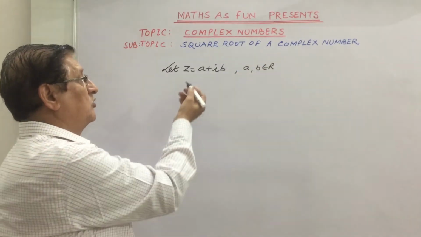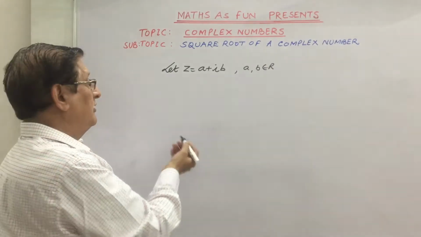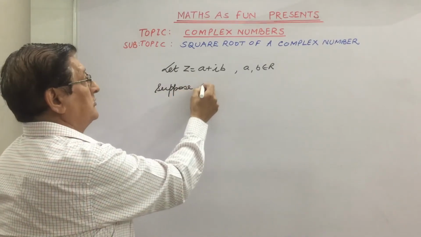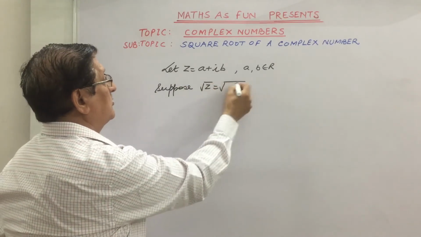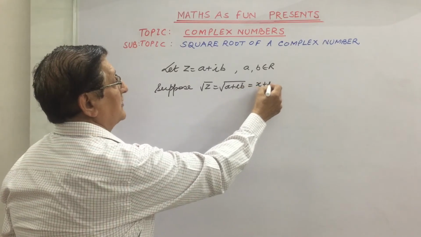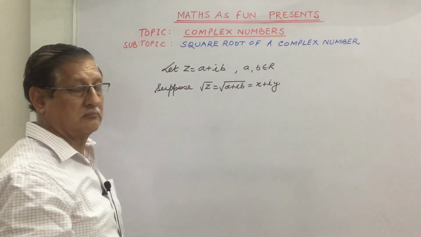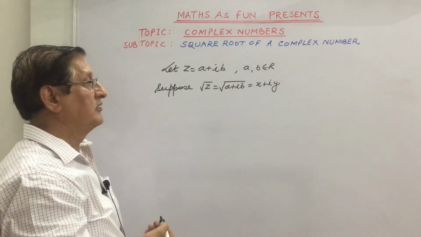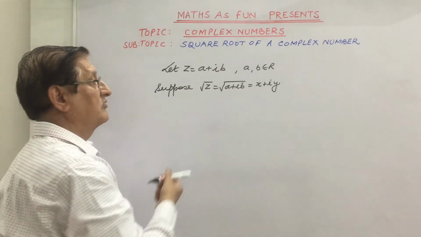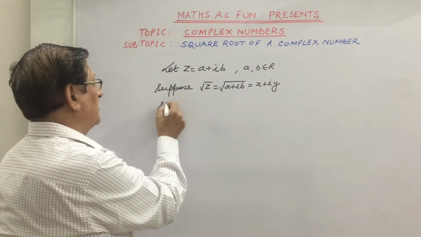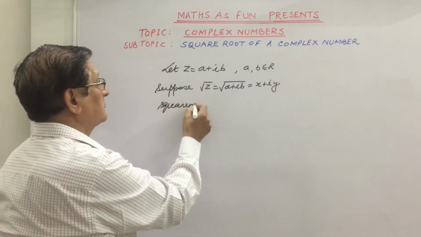To find the square root of it, suppose the square root of z, that is square root of a plus iota b, is equal to x plus iota y. To find the values of x and y, we have to simplify and solve this. Let's make the square of both the sides.